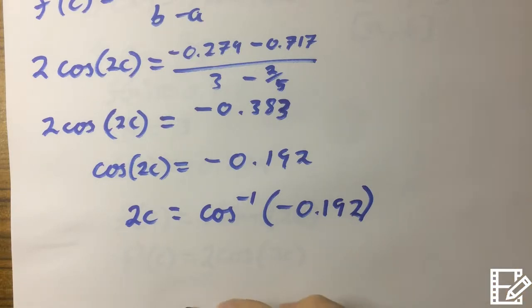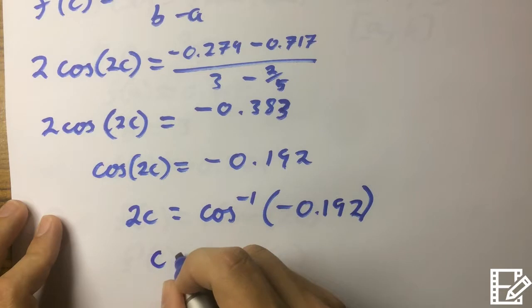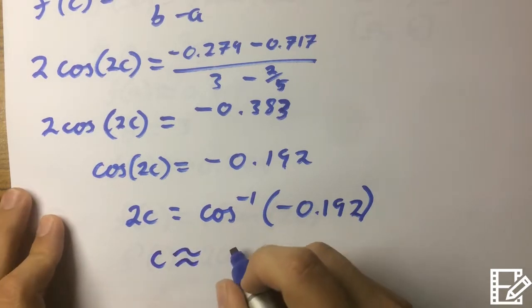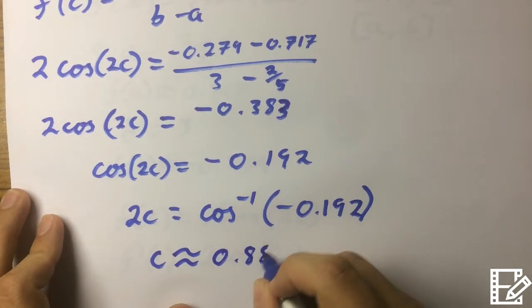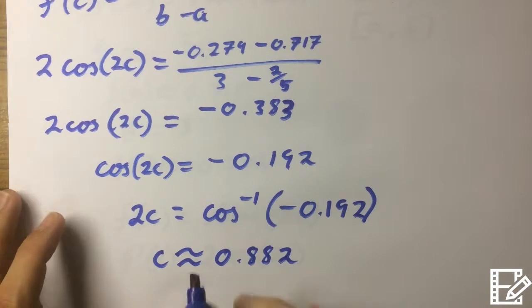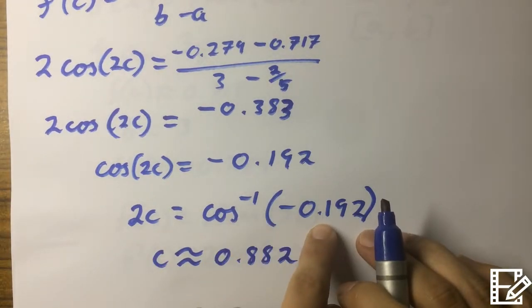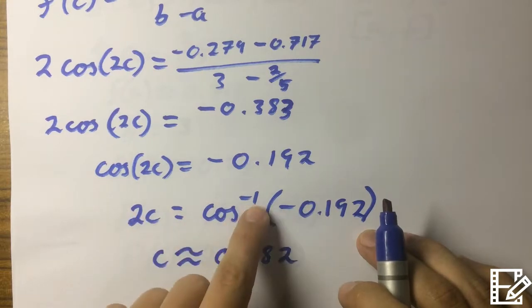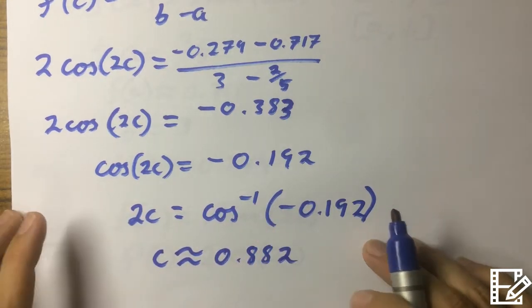Okay, and when we divide both sides by 2, c equals approximately 0.882. Because what I've done there is I've just skipped a step, so I've done inverse cosine of that, and then with that value I've divided that by 2, and I've gotten this number because I isolated c.